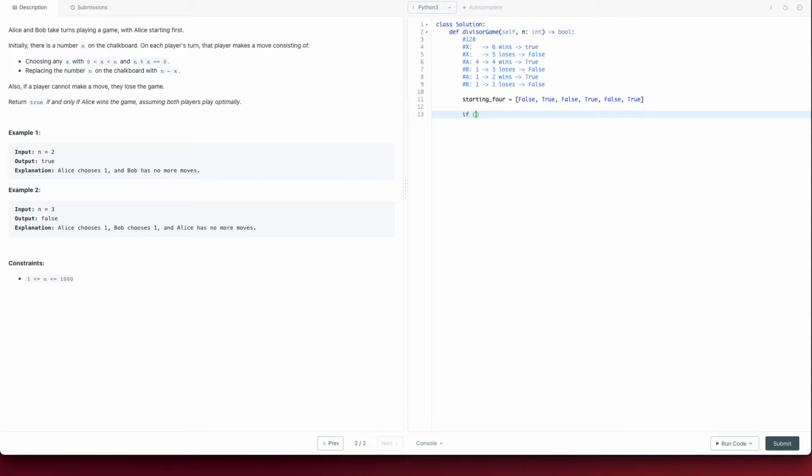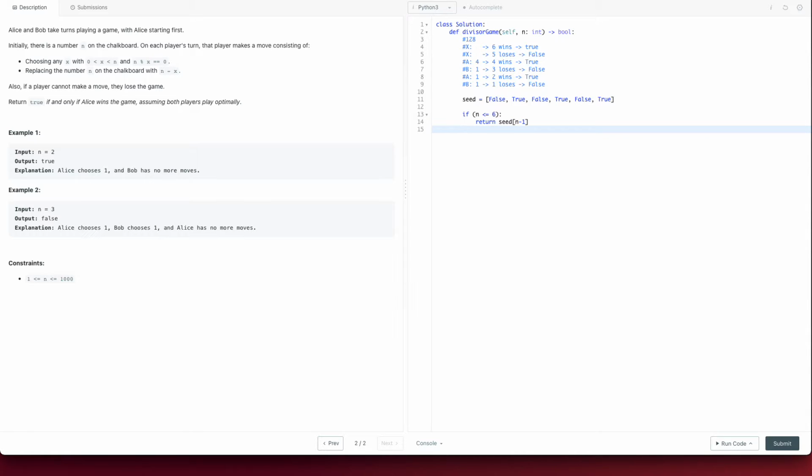So if n is less than or equal to 6, then just return the starting seed of, so n minus 1. So n is 1 to 1,000. So this is 1, this is 6. So 6 minus 1 is 5.